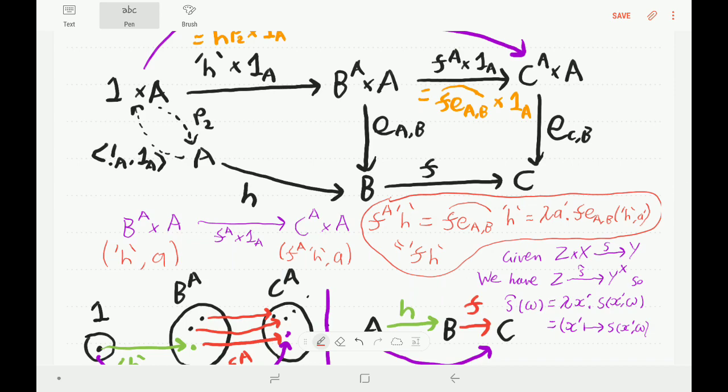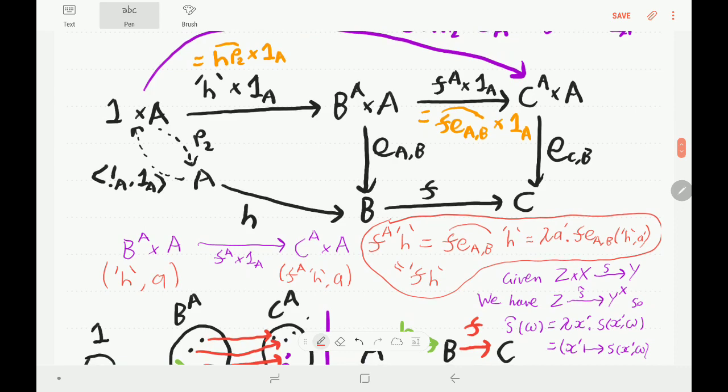Then how are we to think about this situation? Think about when we're here, for example, and we're going along this arrow. This is really the complicated part. So what have we got put in here already?